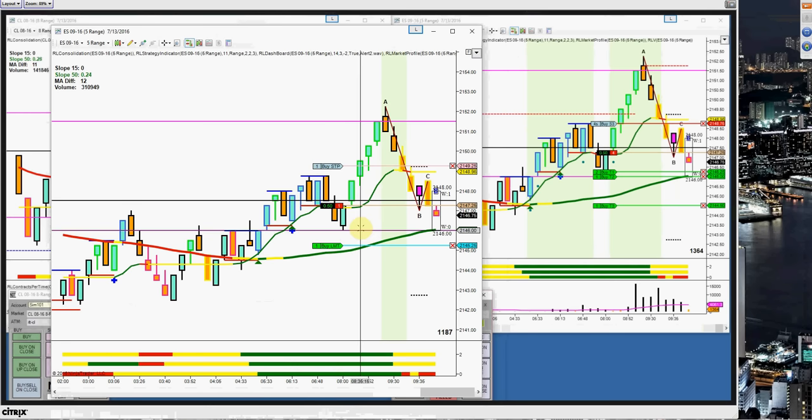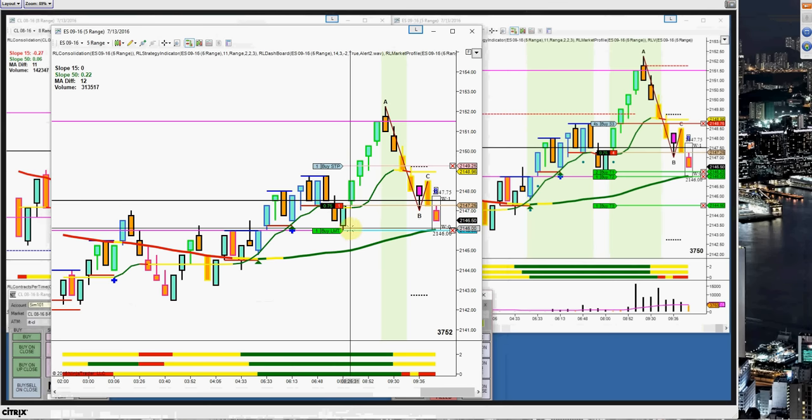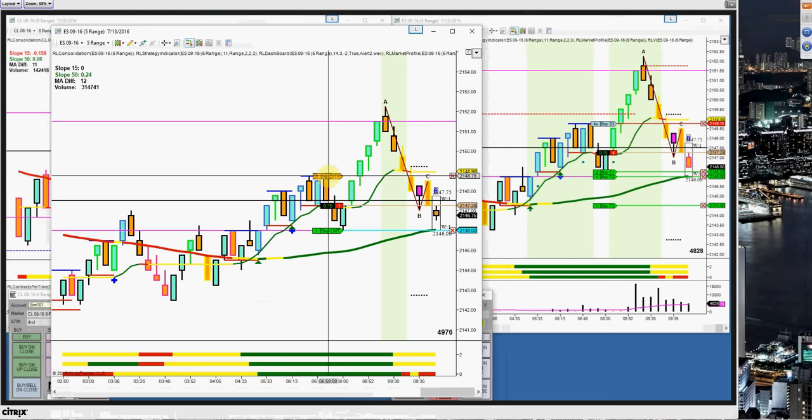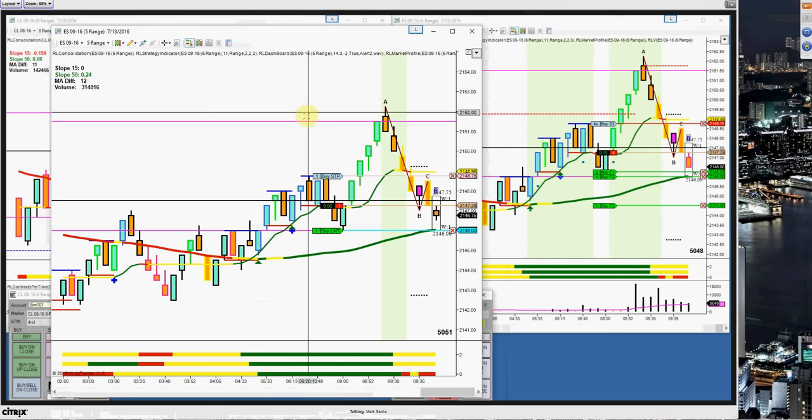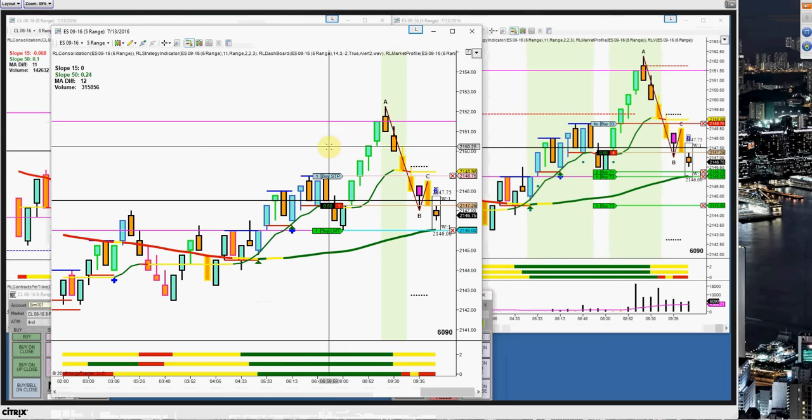Looks like he's expecting some support to be challenged at this level. As you can see, 2146.25, 2146.00. Wasn't quick enough to get my other two contracts in there.